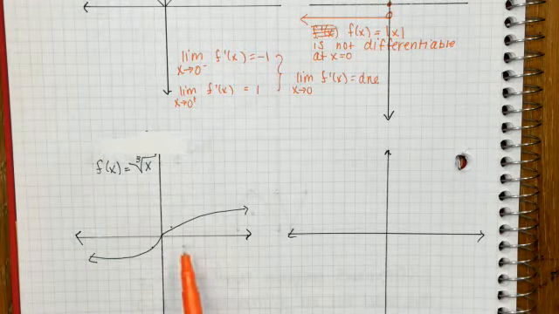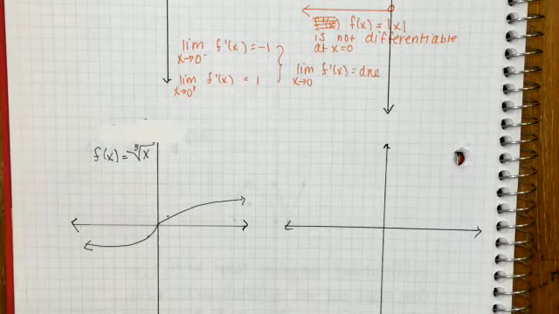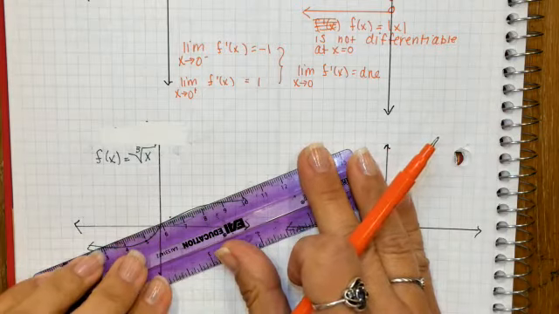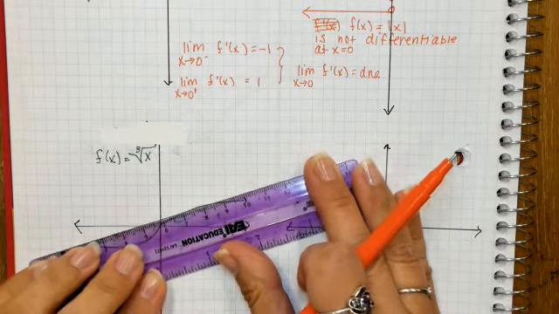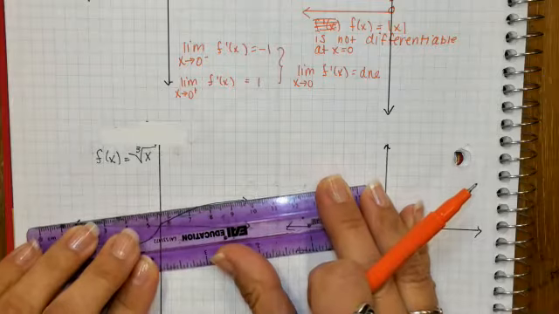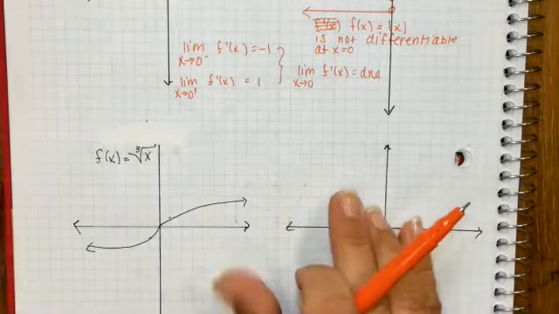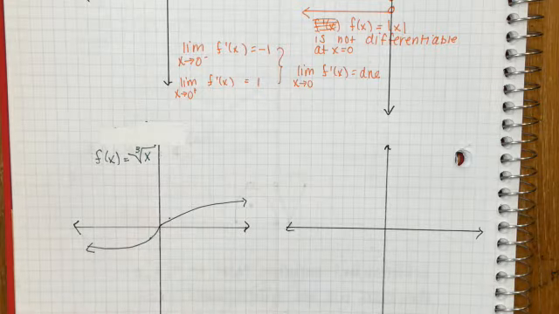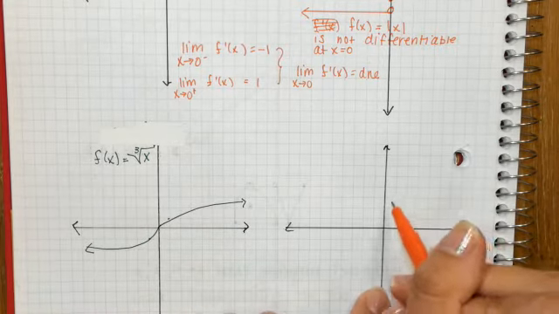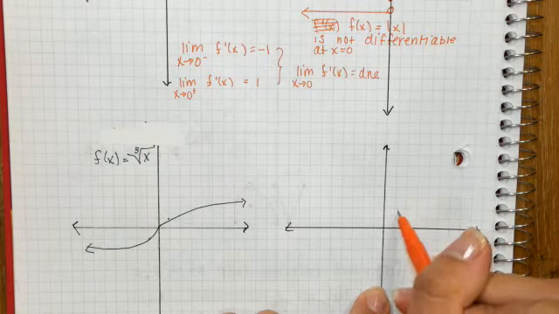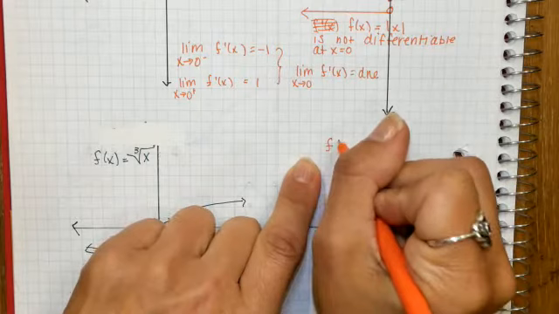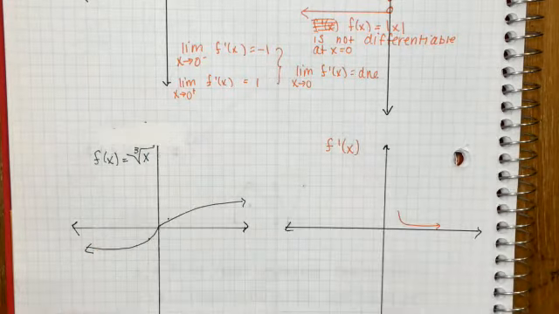So for values of x greater than 1, the slope of our derivative is going flatter and flatter. So it's approaching 0. So when x is greater than 1, the derivative is approaching 0. Let's label this as the f prime of x.